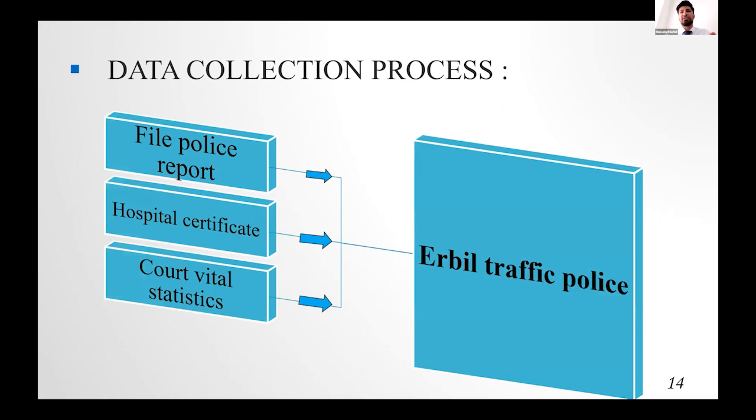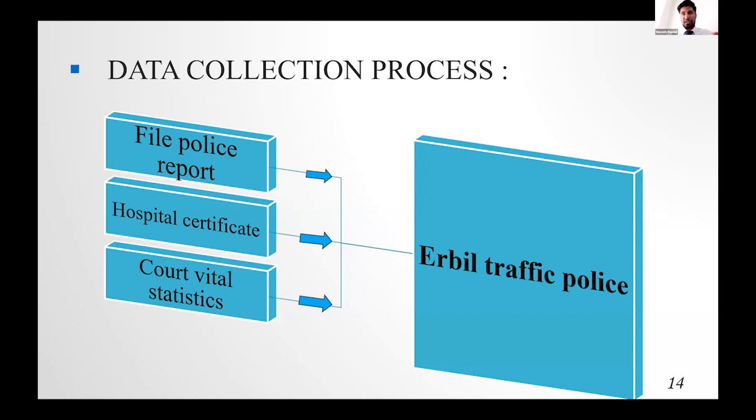First, police reports: when we have an accident, the police go there and use some forms to give us the data from the accident, people who died, people who were injured, the location and other details.